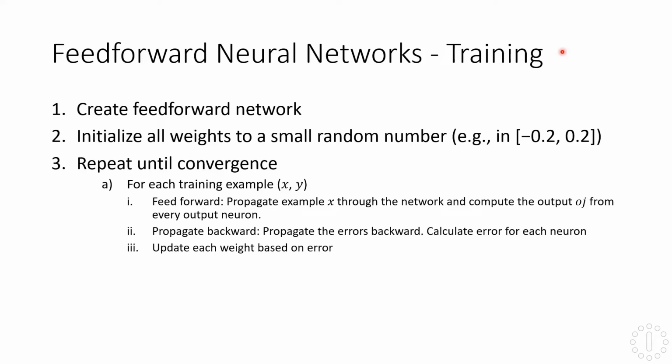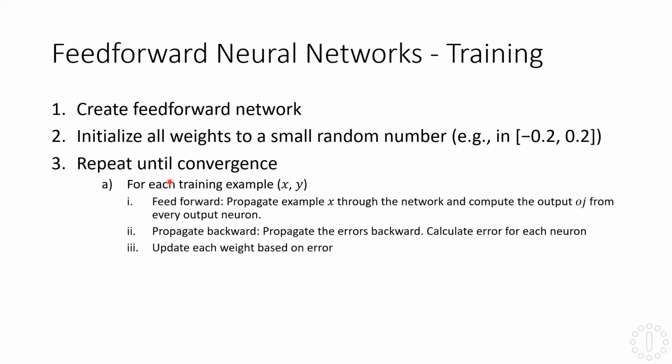The steps we take in training a feed-forward neural network are to first create the feed-forward neural network, and then initialize all weights to some small random number. For example, it can be 0.2 or something like that. So something close to 0 is what we want.